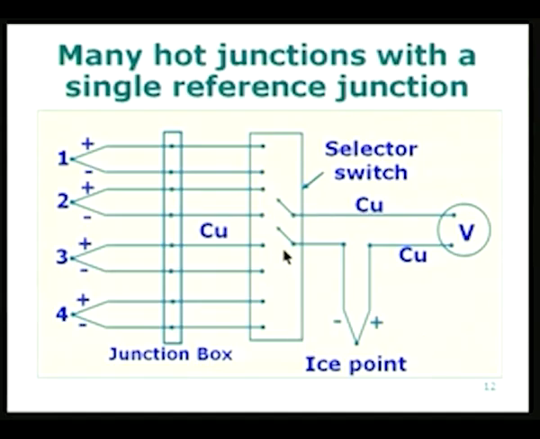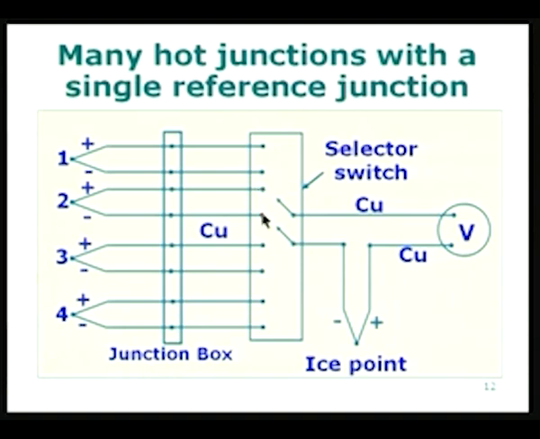So, let us look at, for example, if I were to connect this wire through this switch to this wire and this wire through this switch to this wire, what will happen is there is a copper wire, there is another copper wire, these are two, all these 4 points are on the selector switch which can be kept at the same temperature.